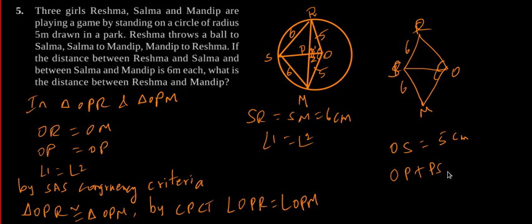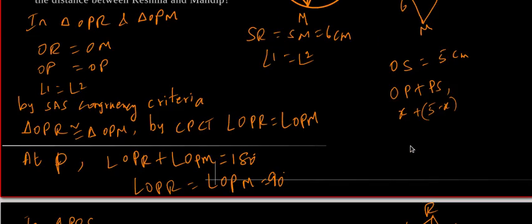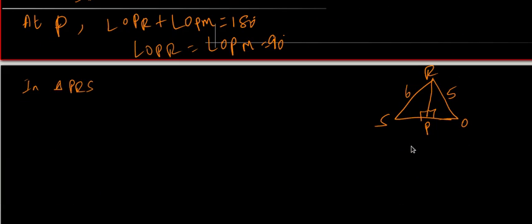So if we consider OP equal to x centimeter, then this PS can be 5 minus x centimeter. So OP is x centimeter and PS is 5 minus x centimeter.